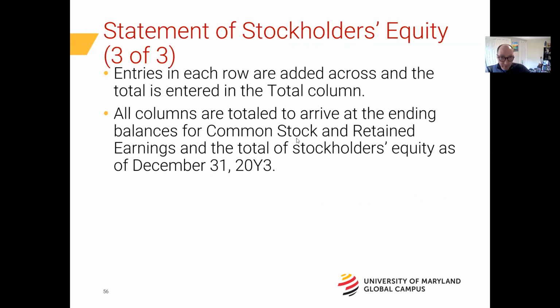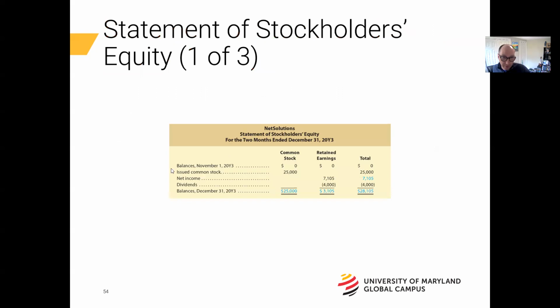This is just a recap of what happens on the statement of stockholders' equity. The thing to know is that net income minus dividends equals your retained earnings. And oftentimes there will be a beginning balance.